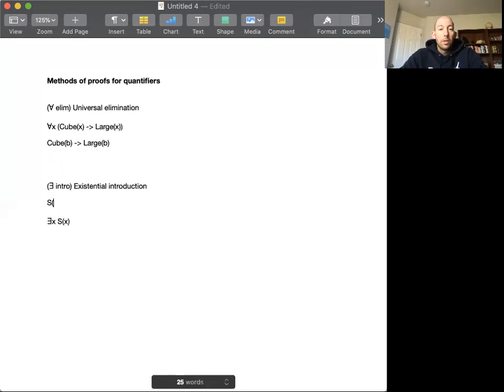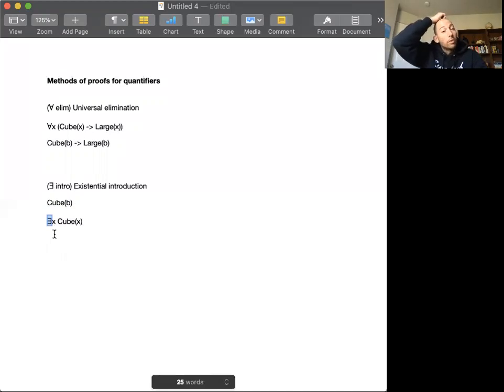So for example, if I had the claim that b is a cube, then I would be allowed to infer that there exists an x such that x is a cube. So here we're going from a particular case to a general case, but notice the generalization is to the existential.